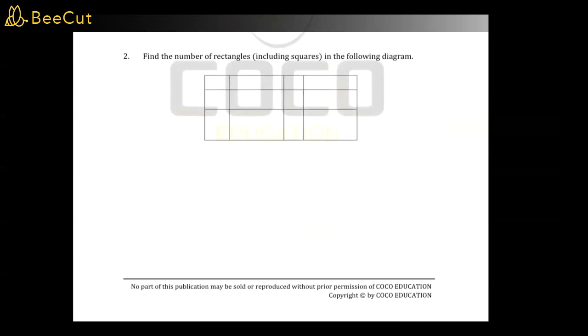For question 2, so to check the number of rectangles, first we can see in the horizontal direction.